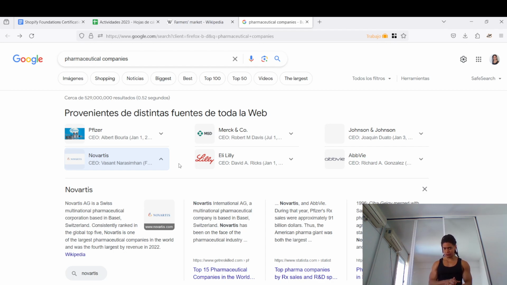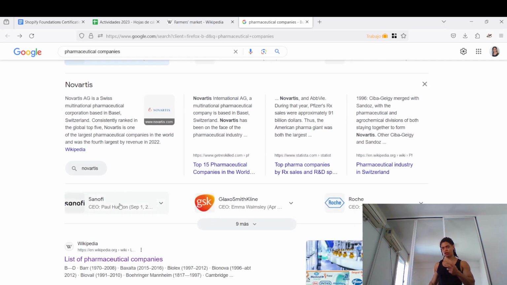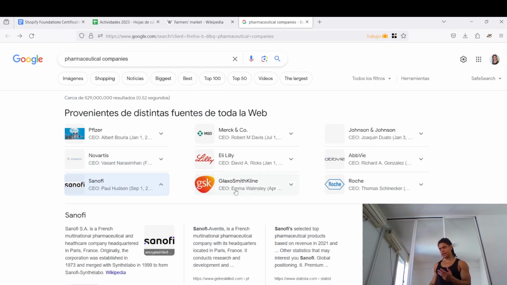So, pharmaceutical companies: Pfizer, Novartis, La Roche, Sanofi, GlaxoSmithKline, Johnson and Johnson.